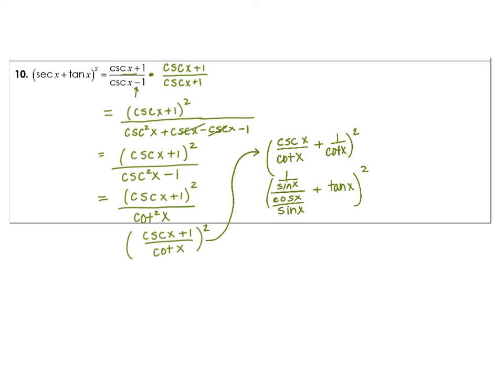And so here, notice those signs. If we do our keep change flip, those signs are going to cancel. I'm left with 1 over cosine, and so that's going to give me secant x and then our tangent x. So this has finally been verified.